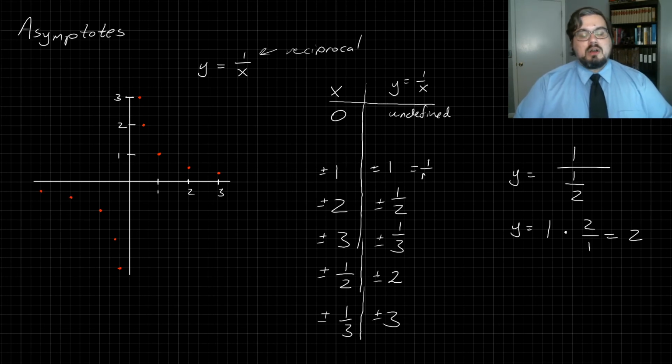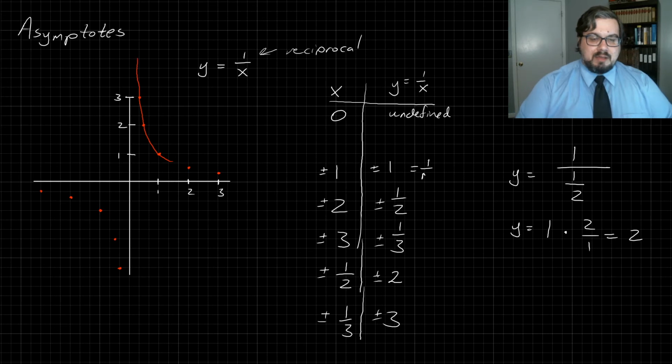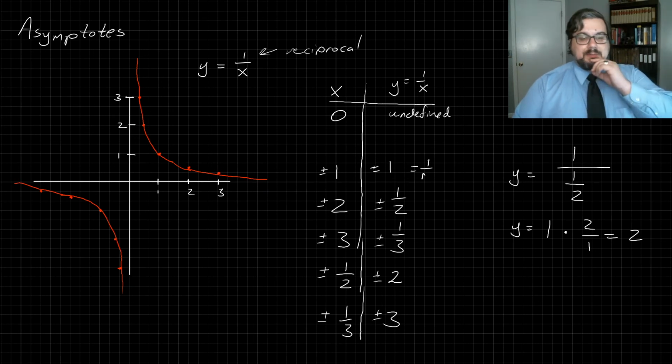So here are the points that we got for the graph of y equals 1 over x, and if we connect them all up smoothly, then we get a graph that looks something like this. And we get a similar thing going on here as we move off to the left.